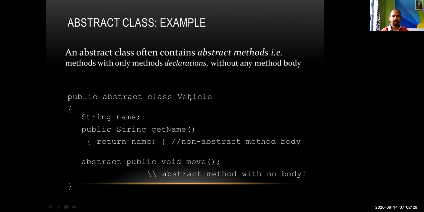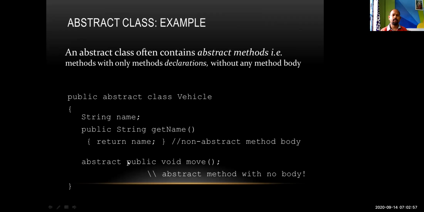Example, if we see, here vehicle is the abstract class, and let me tell you one thing. An abstract class may have a non-abstract method as well as an abstract method. So there are two types of methods within the abstract class. Here you can see the non-abstract method, public String getName, which is returning a name. This is a non-abstract method, that means it has a body.